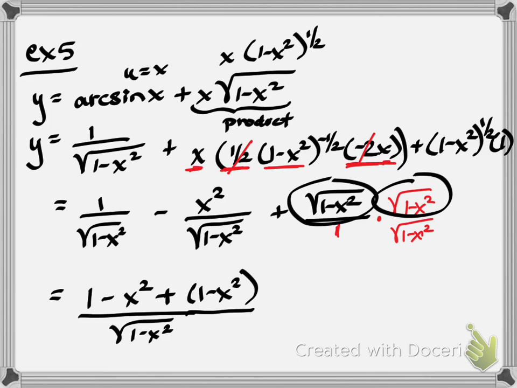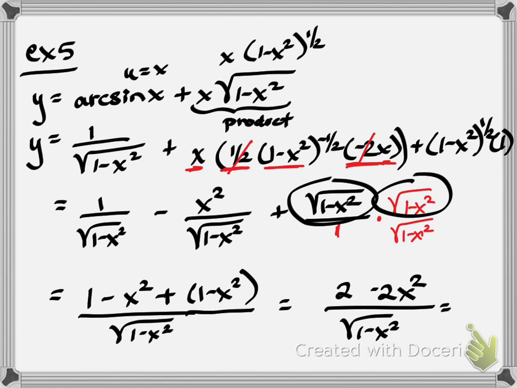When you combine like terms, you get a 2 in the top, and your x squares do not cancel, do they? 2 minus 2x squared over the square root of 1 minus x squared.